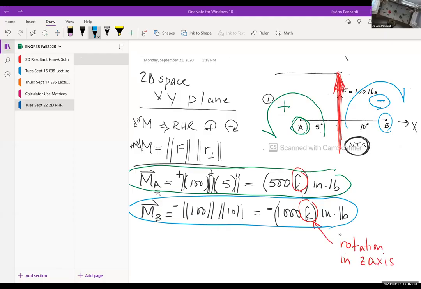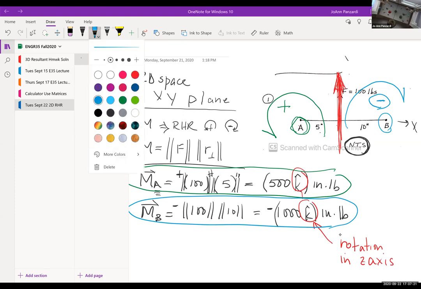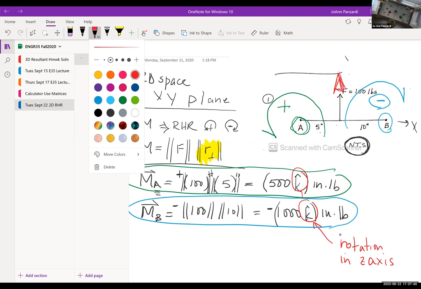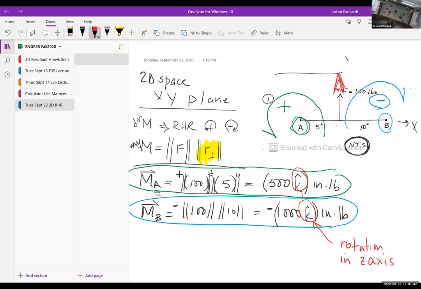So remember, again, what we did is we took the perpendicular distance. Because we wanted to find the moment about A and B. I should probably have told you that this was perpendicular.